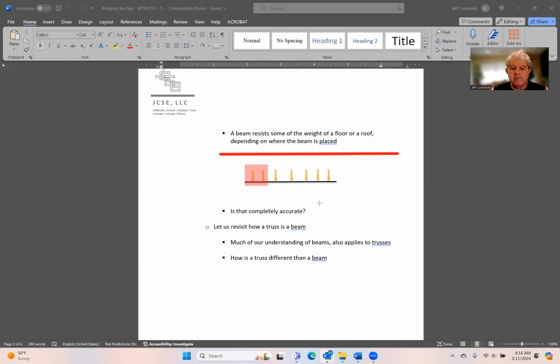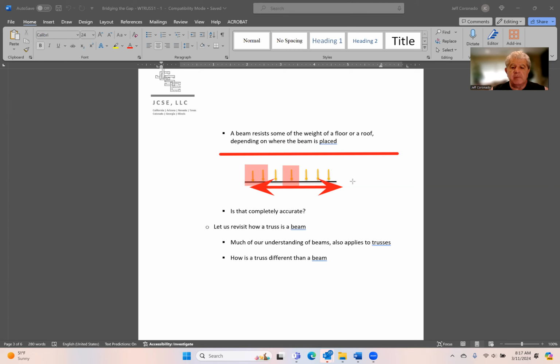The horizontal double-sided arrow is the long axis of the member, what we would call the longitudinal axis, but the loading on it is perpendicular to the long axis of the member.